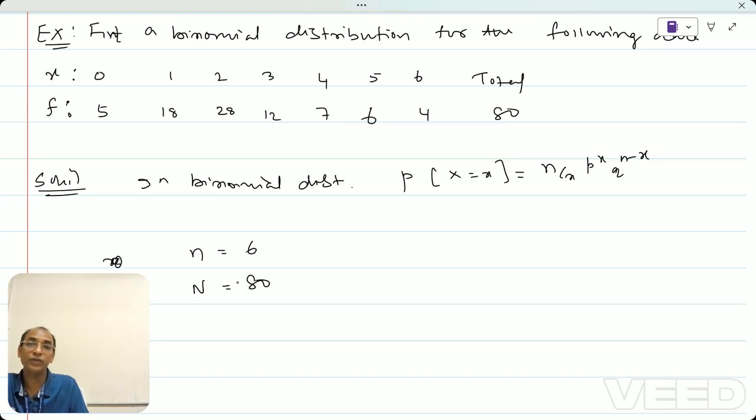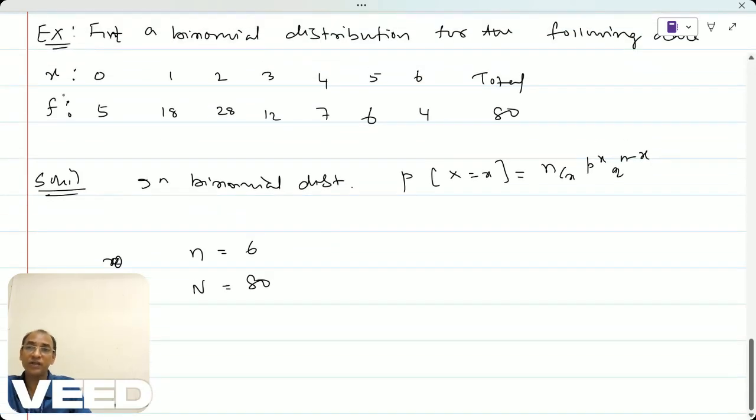So what you will do whenever you get a question like this, you multiply capital N with nCx p to the power x q to the power n minus x and try to simplify it. Before that, let me find the average. So from there only I can get p and q because p and q are unknown.